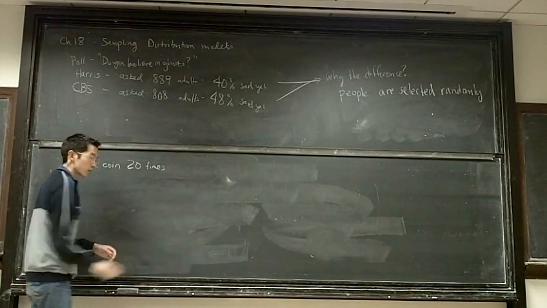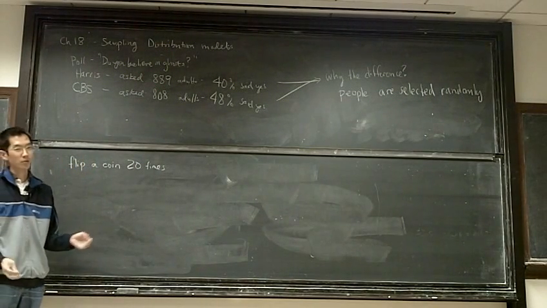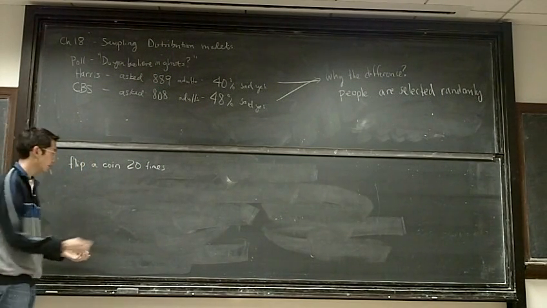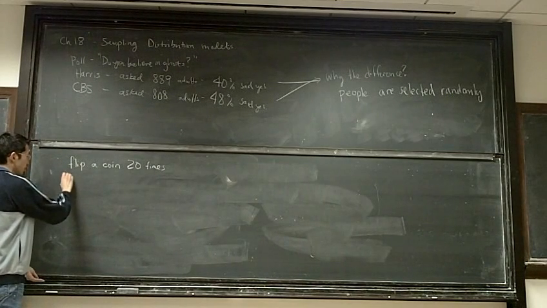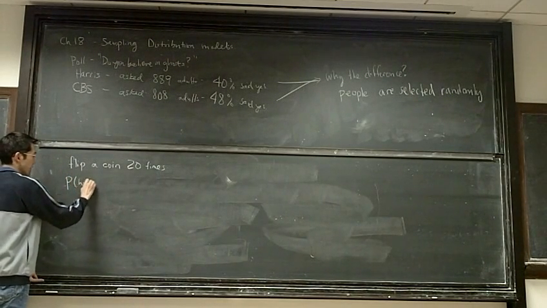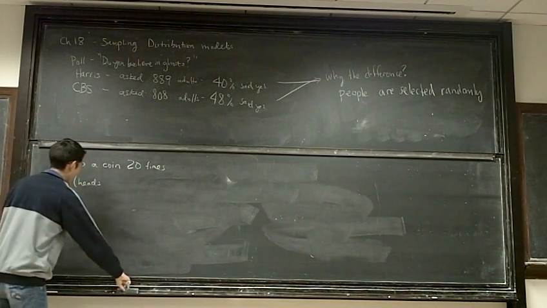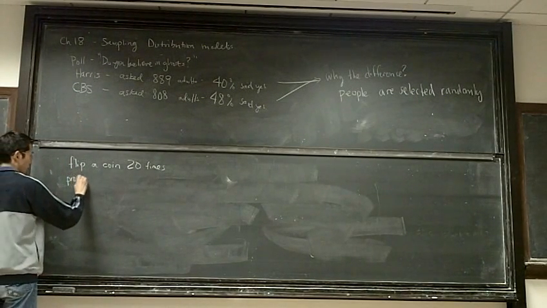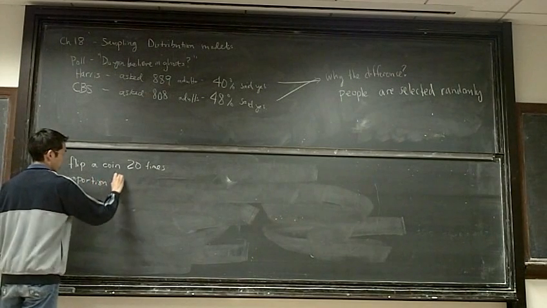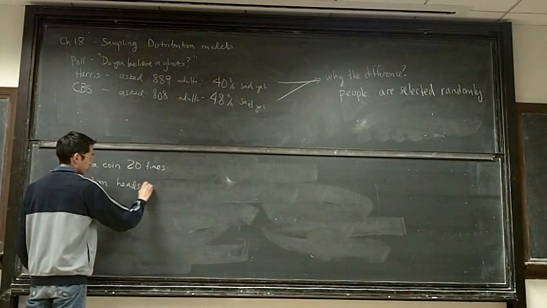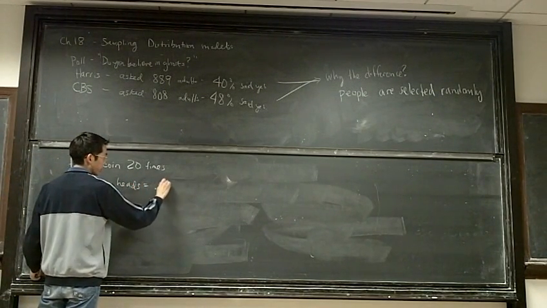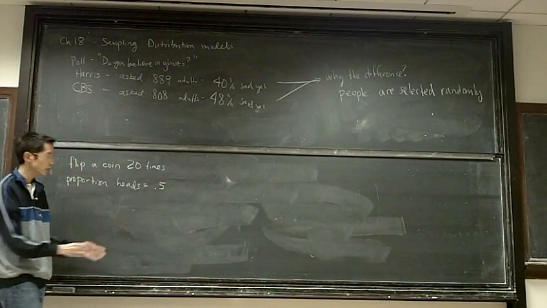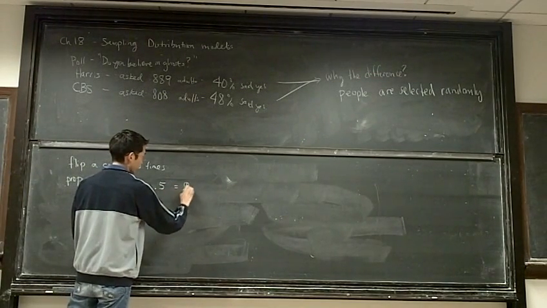Some of you will get 10 heads and 10 tails, so your proportion of heads will be 0.5. You get 10 out of 20, you get 0.5.